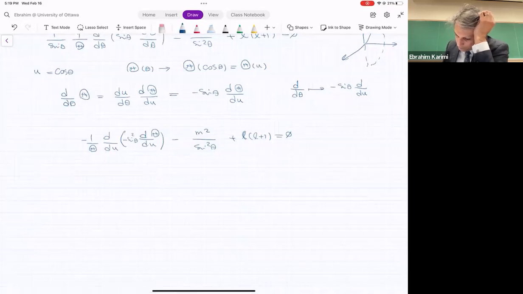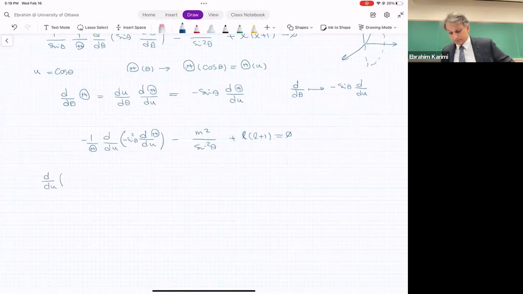So now let's do a little bit of simplification. The minus sign goes away. That will be d du. Sine square, as I say, minus sign goes away. Sine square will be 1 minus cosine square, that will be 1 minus u square.